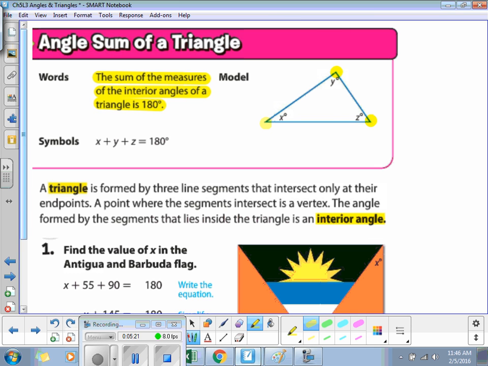The angle formed by the line segments that lies inside the triangle is called an interior angle. So, angle Z is an interior angle. Angle X is an interior angle, and angle Y is an interior angle.